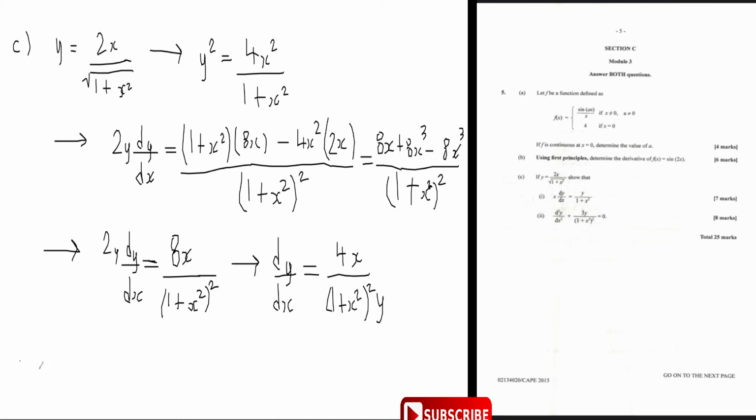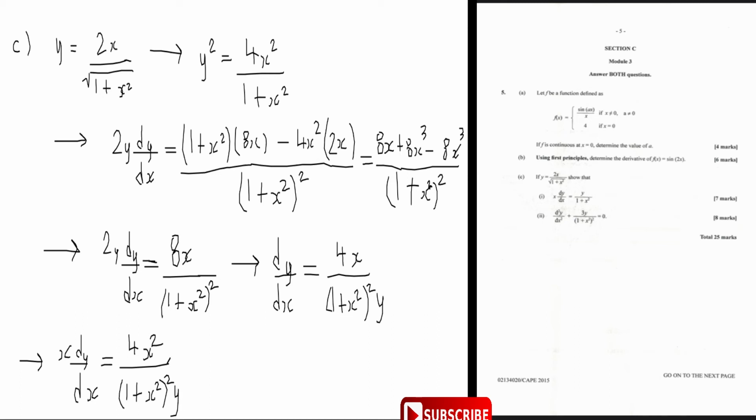So what that is giving us then is x dy by dx is going to be equal to, multiplying both sides by x, we're getting 4x squared over 1 plus x squared all square times y.